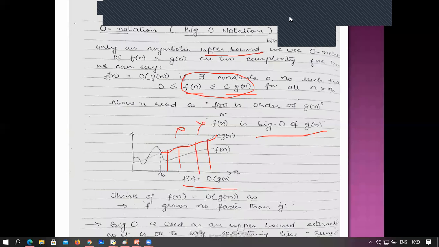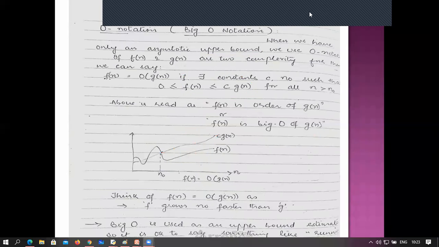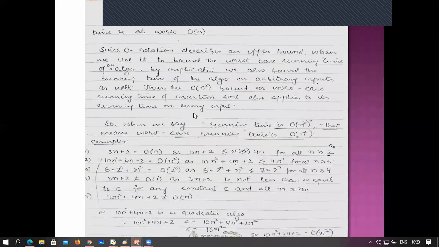Okay. Let me take one example, then it would be clear. Suppose over here, you're finding the complexity of an algorithm and the complexity is coming out to be 3n plus 2. Now you have to represent this in terms of big O. Okay. Now, how can you say that what is the big O of that?